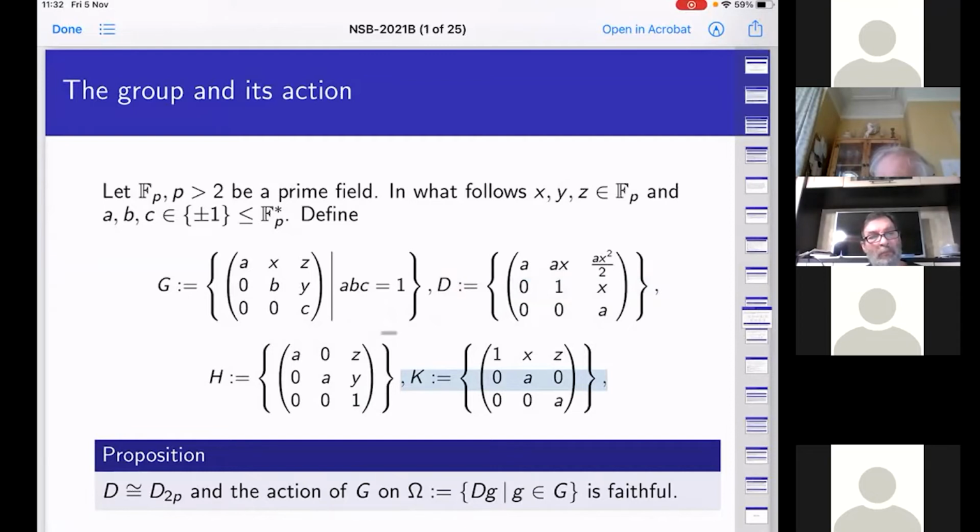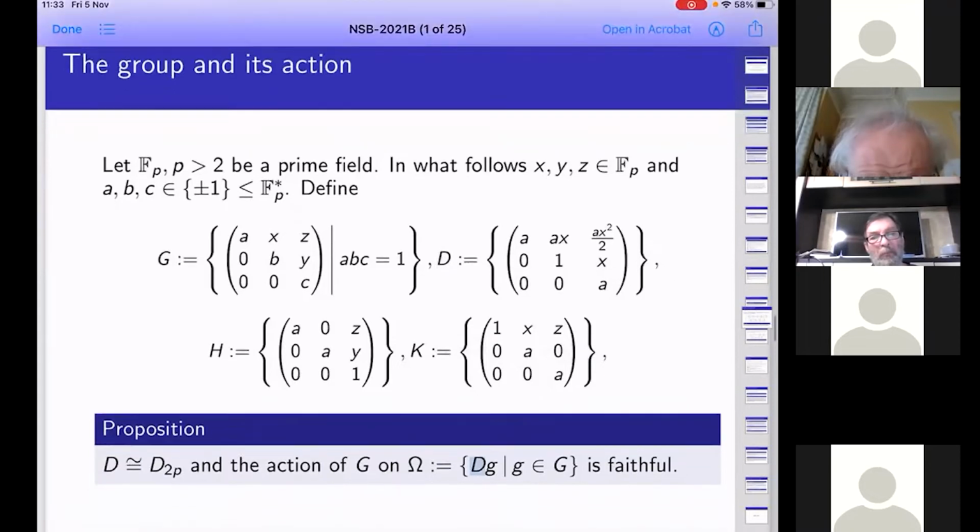Now we take the group G and consider the action on the right cosets over the group D. One can check that this action is faithful, just because the subgroup D does not contain any normal subgroup of G. So we have an action which is faithful. Now, in this action, we have regular subgroups.